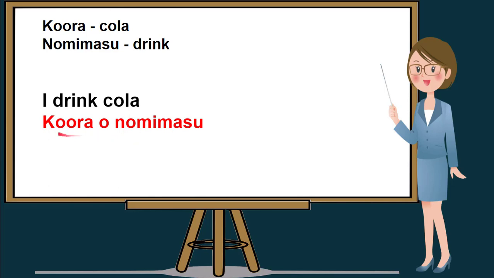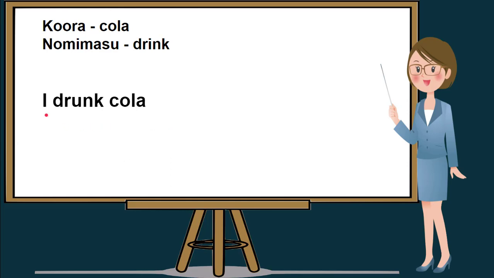Let's read this once again. I drink cola in Nihongo is kora o nomimasu. Now, let's move on to the next sentence. I drank cola, using the following words, kora and nomimasu. Please translate this sentence in Nihongo.